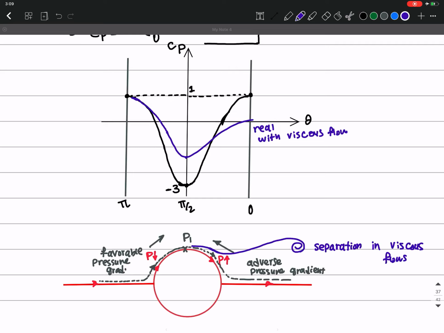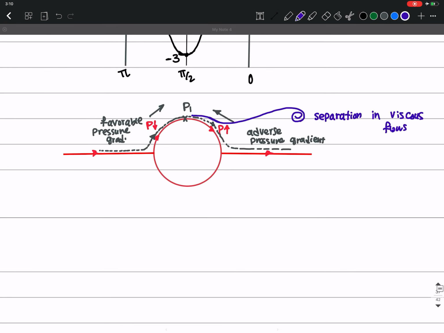And these losses in pressure are because of the boundary layer that is going to form near the surface of that circle, or that cylinder. We can have some viscous forces that lead to these losses in pressure. So these losses are in the boundary layer. BL means boundary layer.